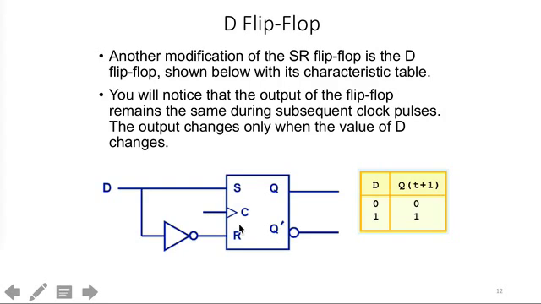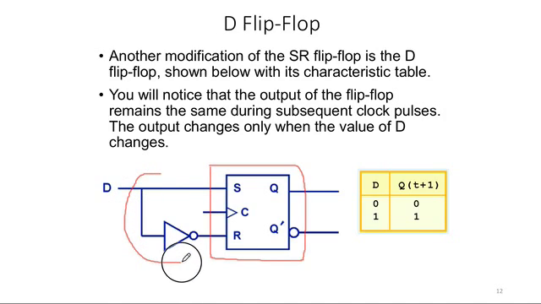Okay, so we can see that the structure of the D flip-flop basically has two parts. The first part is the SR flip-flop, and the second part is where we add a NOT gate to the input of the SR flip-flop.